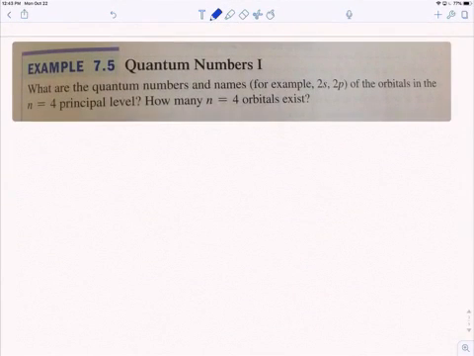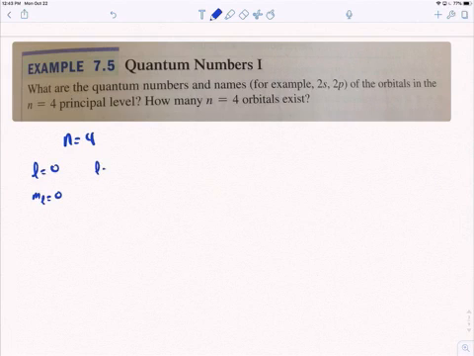Okay, so let's use this knowledge. What are the numbers and names of the orbitals in the n equals 4 principal level? How many orbitals are there? So n equals 4. We have a couple cases. L equals 0: m sub L has to equal 0.